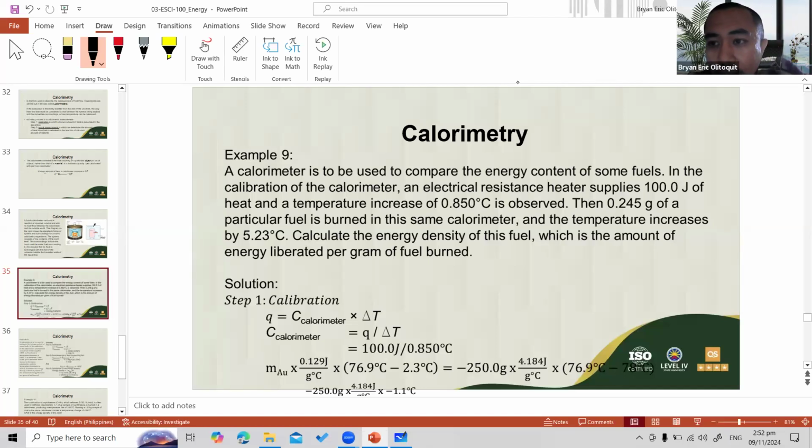Sa step 1 natin, in terms of calibration, ang inaalam natin is the calorimeter constant, no? By using the formula Q equals the calorimeter constant multiplied by the change in temperature. Since we already know the heat supplied as 100 joules, aalamin na lang natin kung ilan ba yung change in temperature dito sa surroundings.